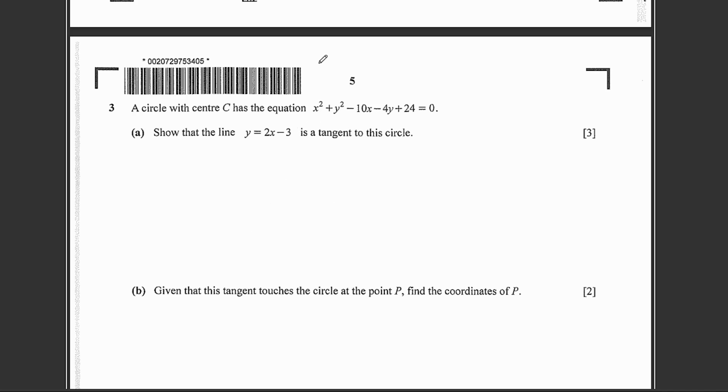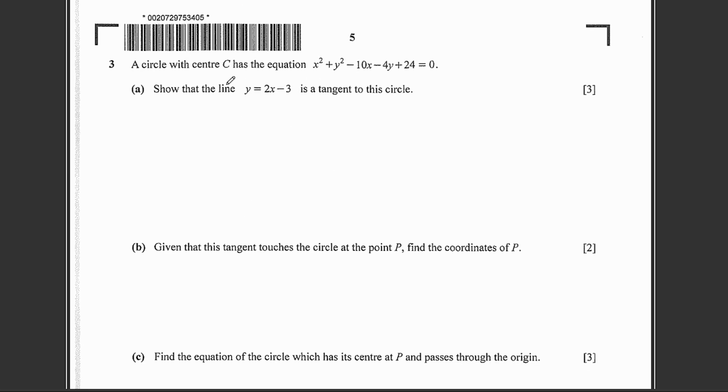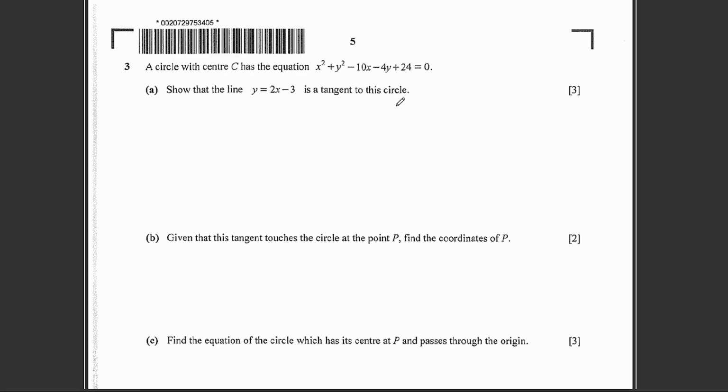Next, given a circle equation, show that this line is tangent to the circle. What we need to do is substitute this y into this equation here, and for a tangent, let me just write this down. Recall that the discriminant will be equal to 0, such that the quadratic equation will only have one unique real solution.